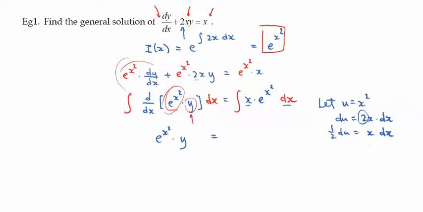The whole thing would actually turn into one half e to the x squared plus c.